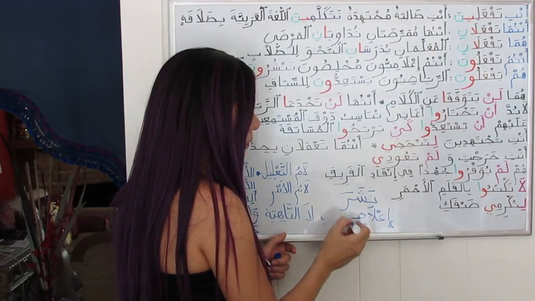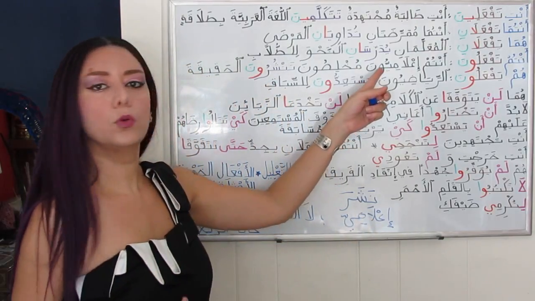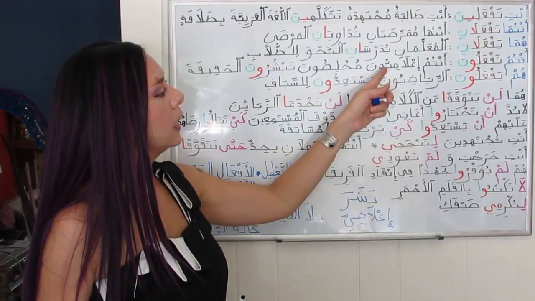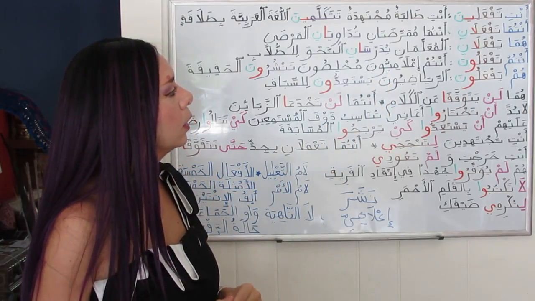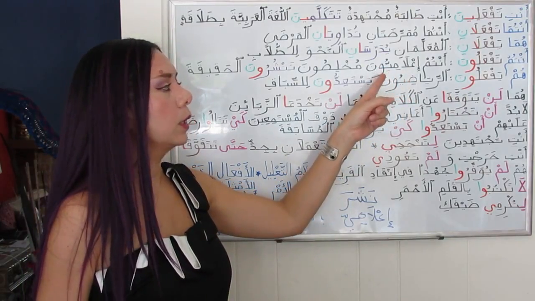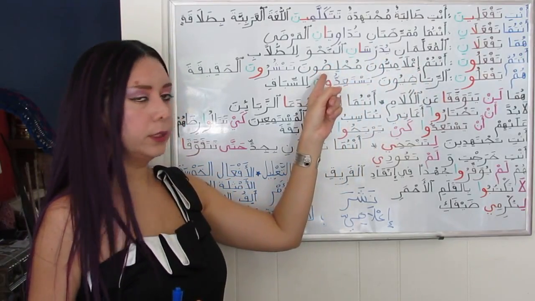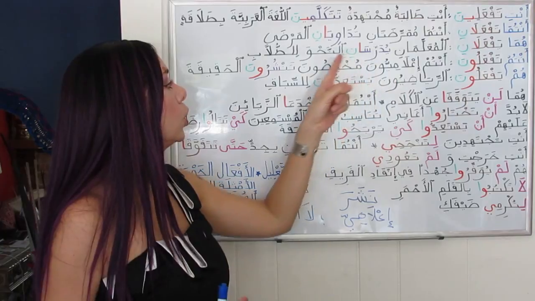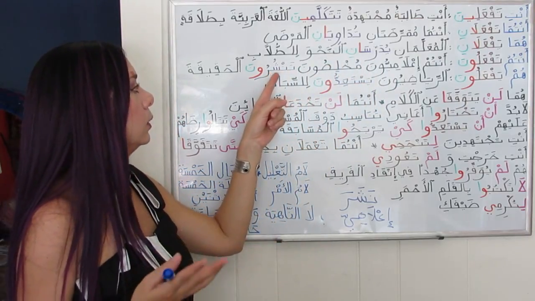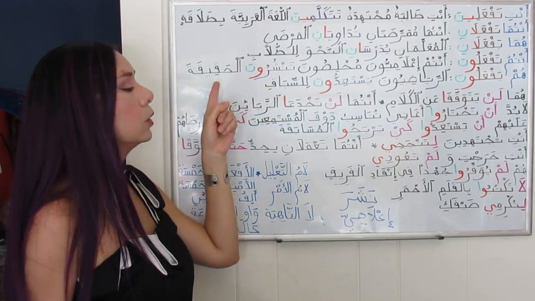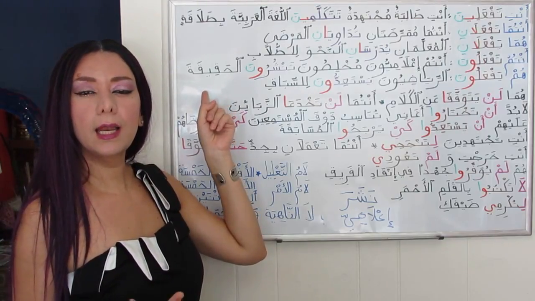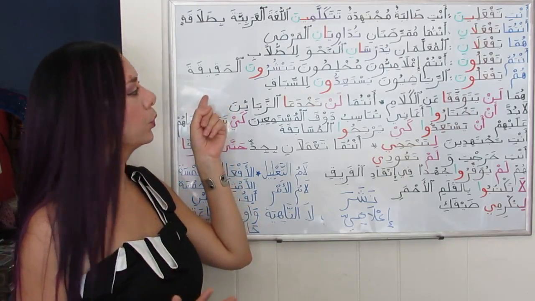Plural, sound plural. أنتم إعلاميون. You إعلاميون مخلصون. You are loyal publicists who publish the truth. الحقيقة, the truth.